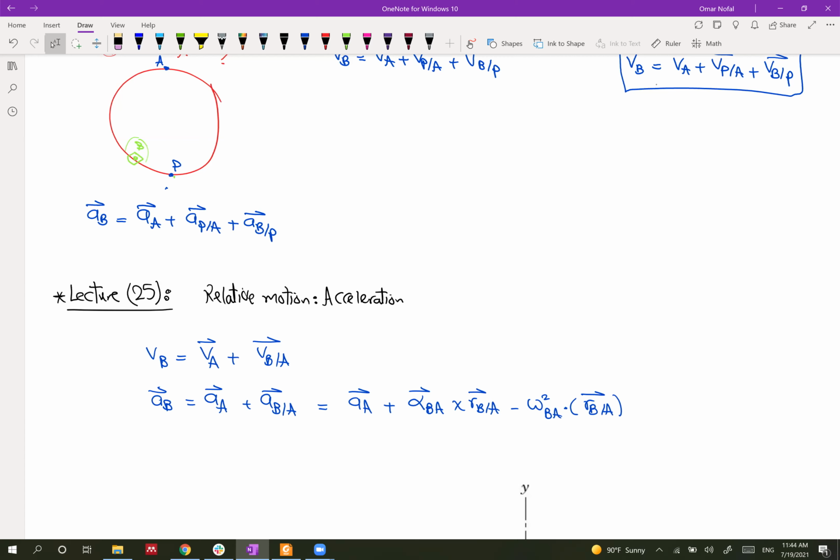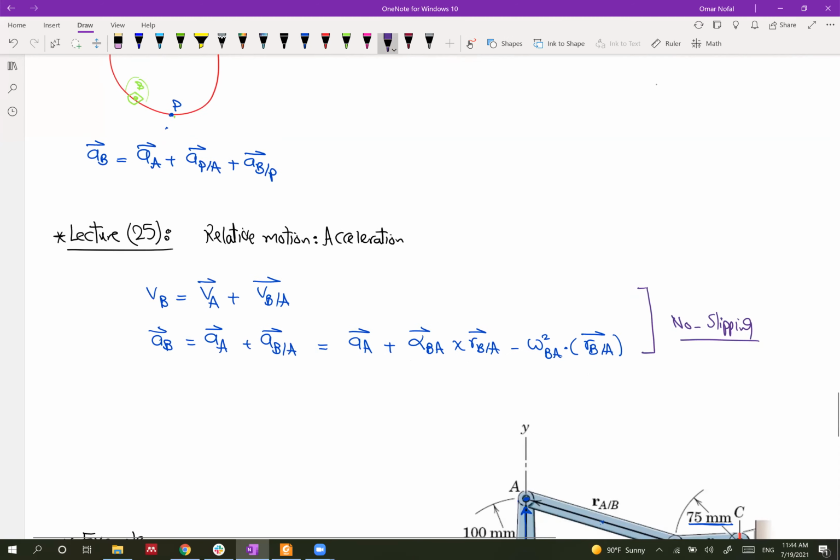And this is the equations for no slipping. So let's solve an application on these equations.